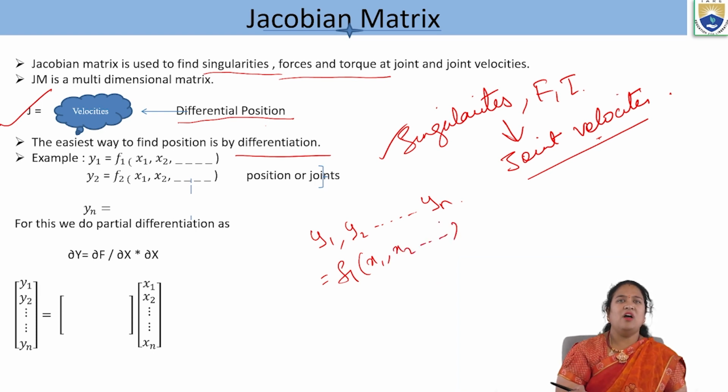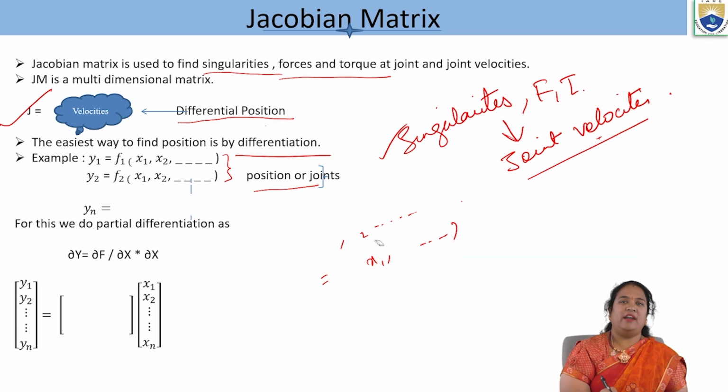In the same way for coordinate 1, coordinate 2, or frame 1, frame 2 up to n positions. So these particular things are called the position or joints of the end effector.